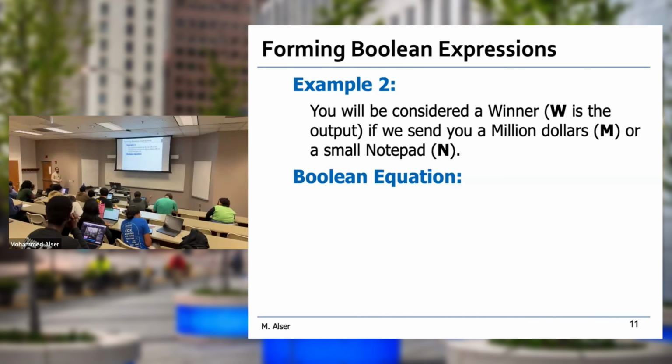I don't recommend you using this kind of way of solving it. I would recommend going directly with the truth table, try to decide based on the output whether we have more ones or more zeros, and then decide which form you're going to use to build your Boolean equation.